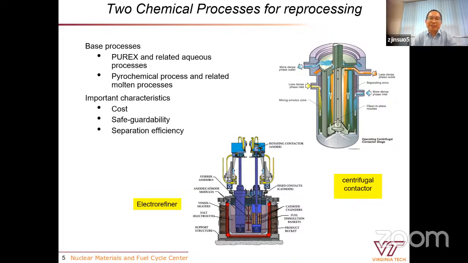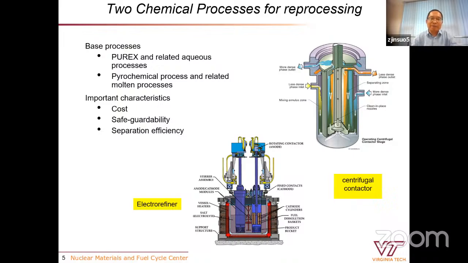Unfortunately, they are very different in size. The PUREX centrifugal contactor is huge, and the electrorefiner is very small. It's very compact. So if we want to use PUREX, we need a huge plant. We need huge land to build the reprocessing plant.